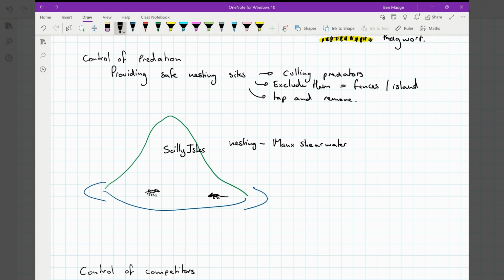Rats were introduced accidentally and predated on the nestlings and eggs of Manx shearwaters, and they were controlled through poison and monitoring and bait to control their population and eradicate them. As a consequence, the population of Manx shearwaters and their nesting success has increased.